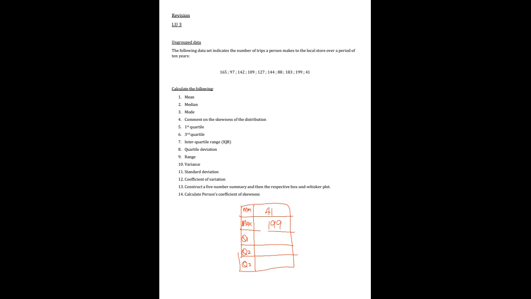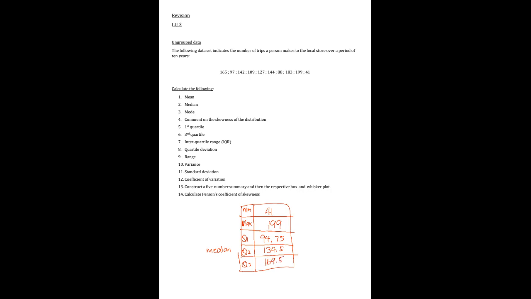Q2, which is your median, I'm just going to write it on the side here so that you're aware of that. Q2 is your median, which we already determined was 134.5. And Q3 is your third quartile, which we again already calculated was 169.5. So that's your 5-number summary, and the respective box and whisker plot.